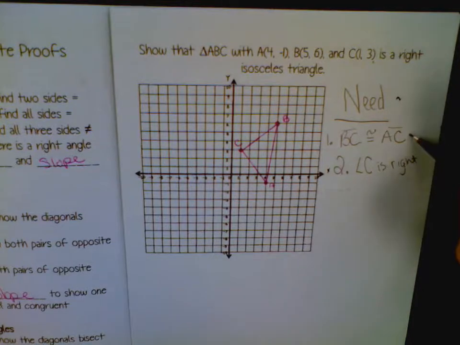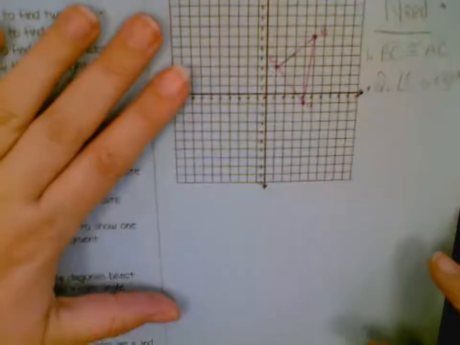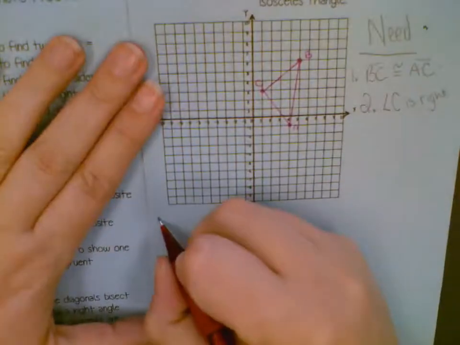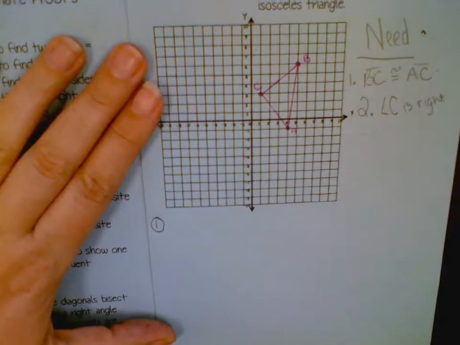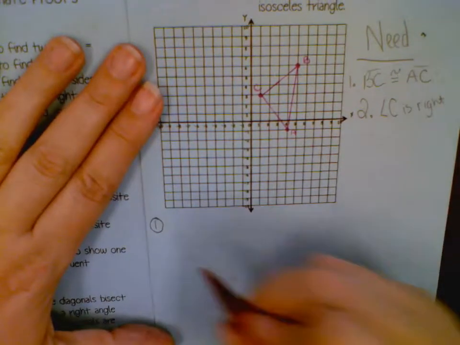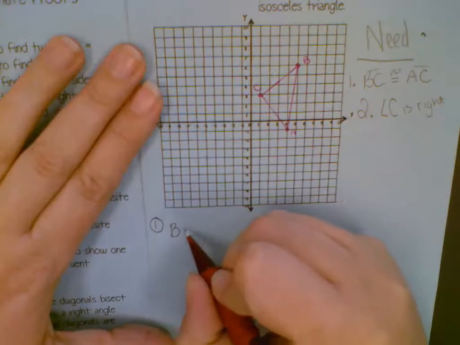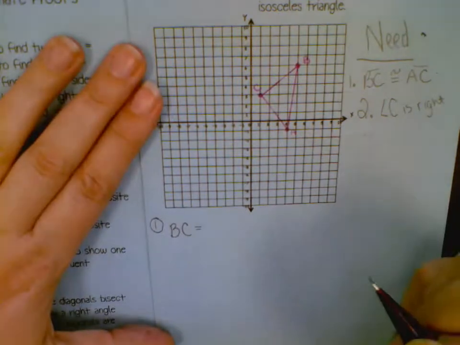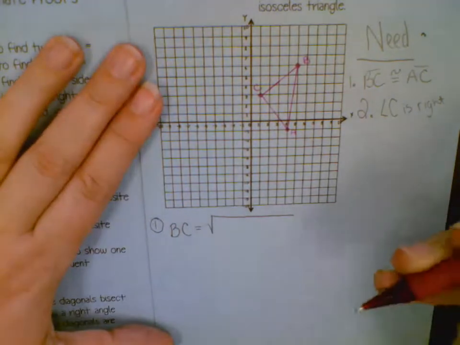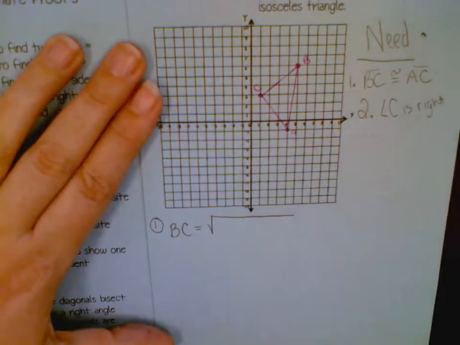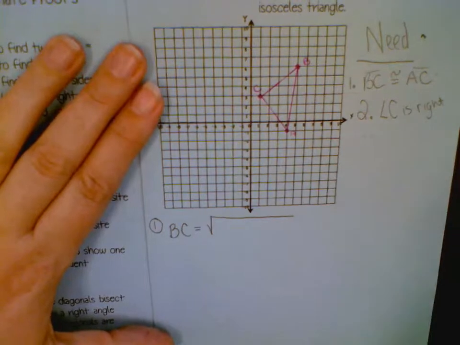So to show that those sides are congruent, we would use the distance formula. So let's do that first. So for one, we would need to find the distance of BC and AC, and they would have to be the same to make it isosceles. So let's do the distance formula with BC. So remember from 9.1, you subtract the x-coordinates, square it, subtract the y-coordinates, square it, add them together.